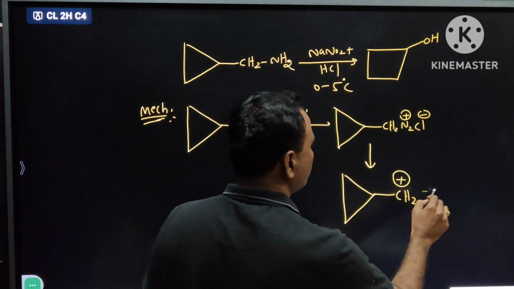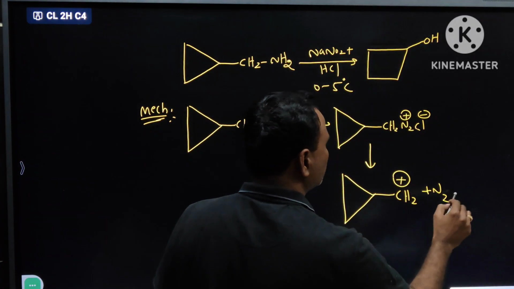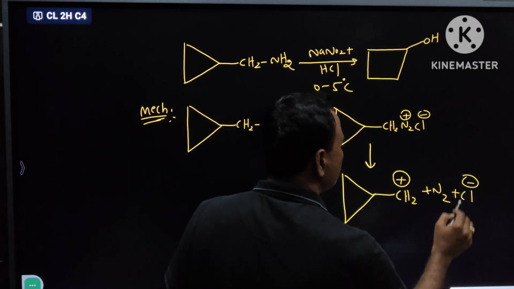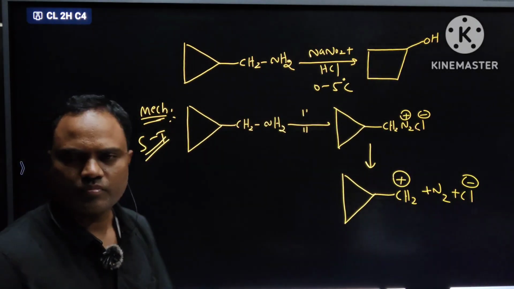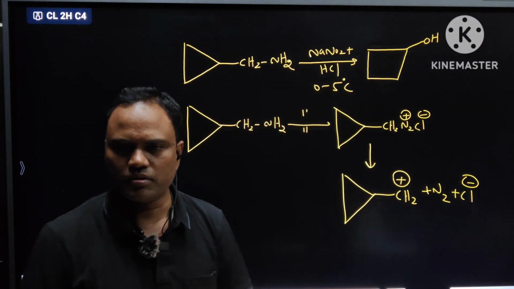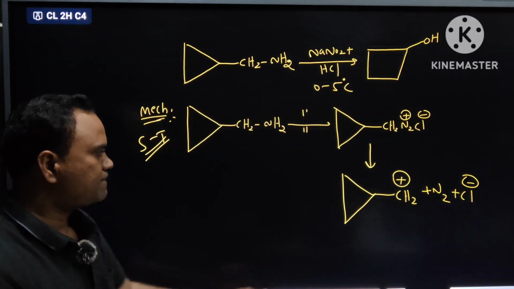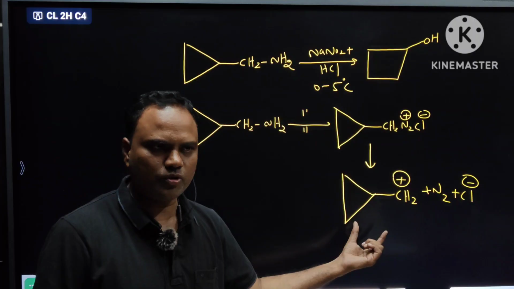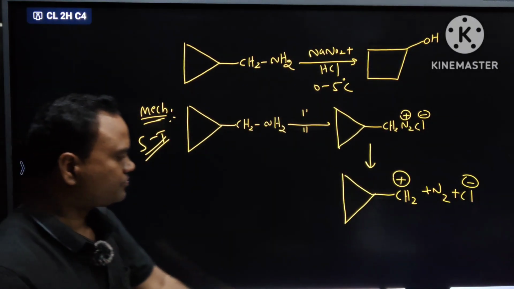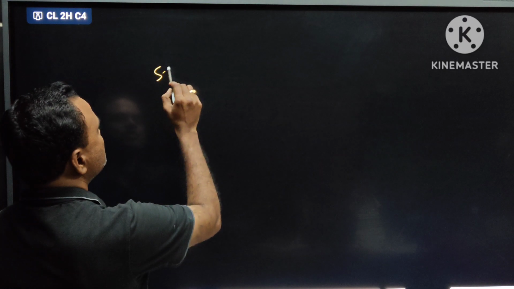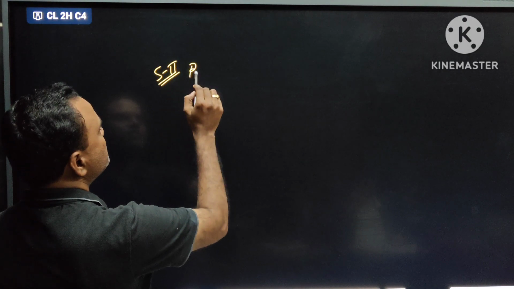CH2 positive, N2 and Cl negative. Let us consider it as step 1. I am taking this carbocation. Step 2, ring expansion.